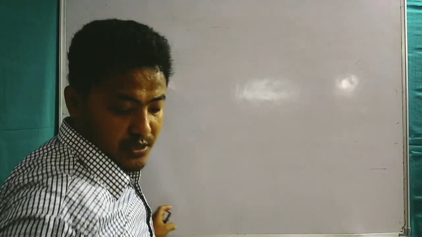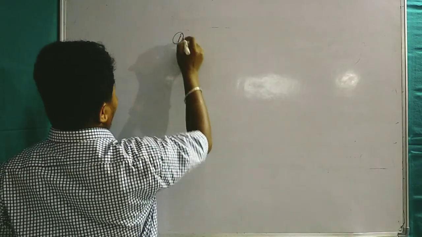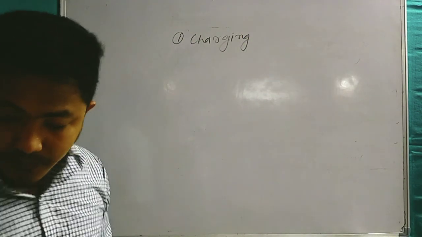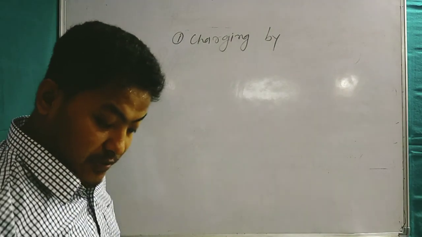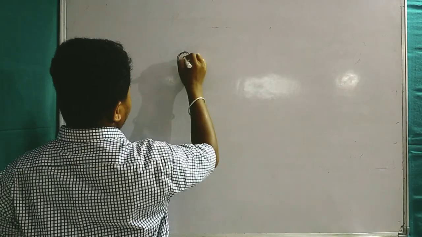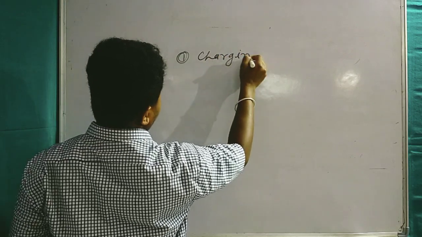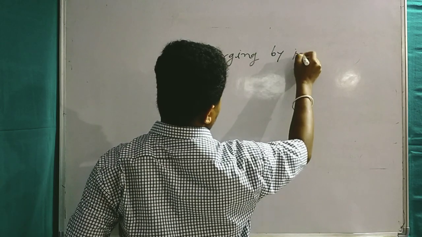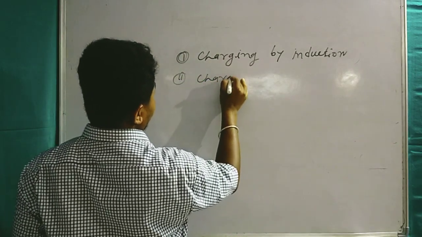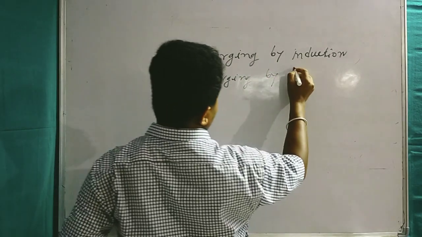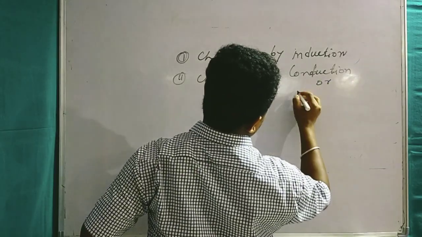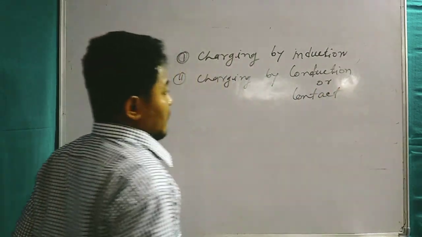Number 1, charging by induction. You can write that, charging by induction. Number 2 is charging by conduction or contact.